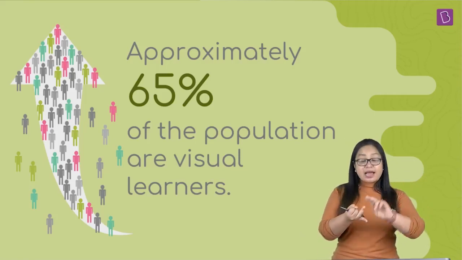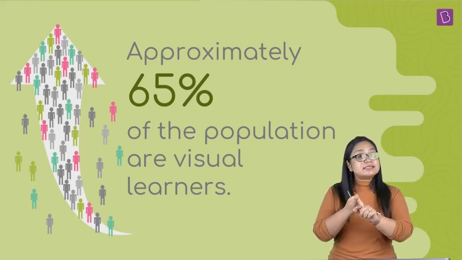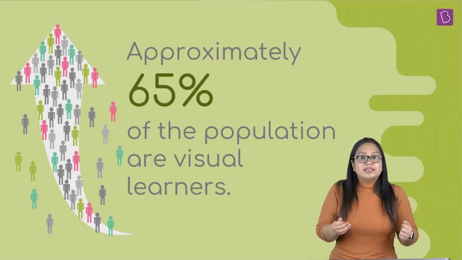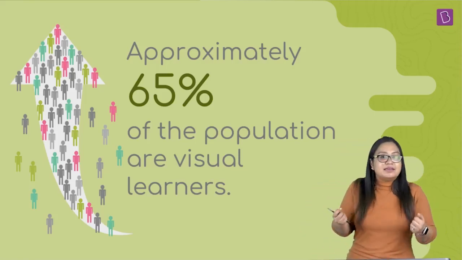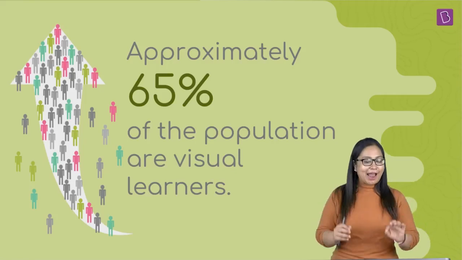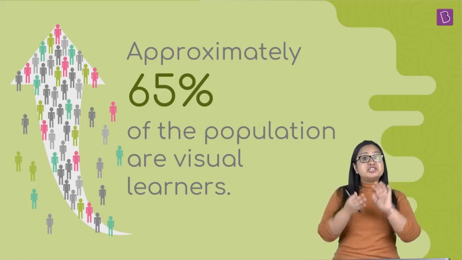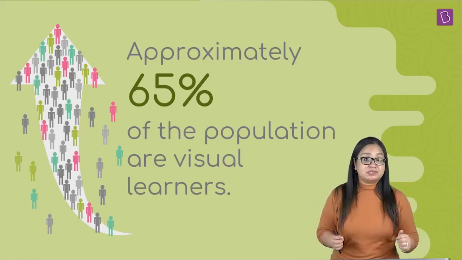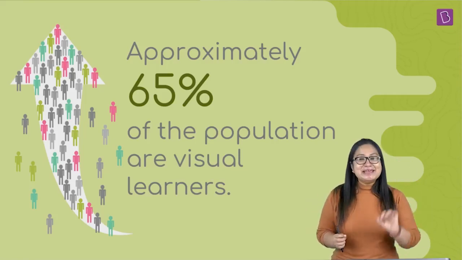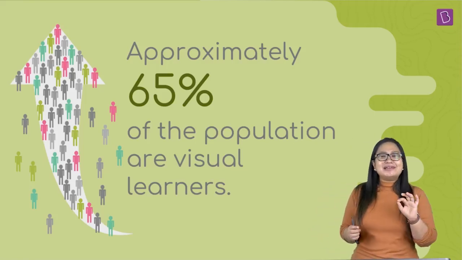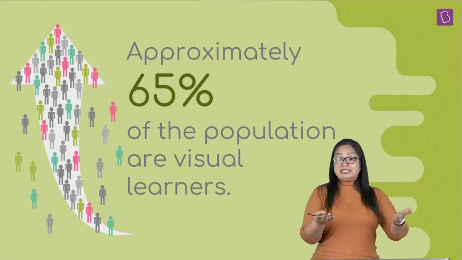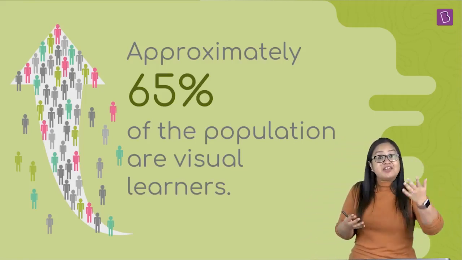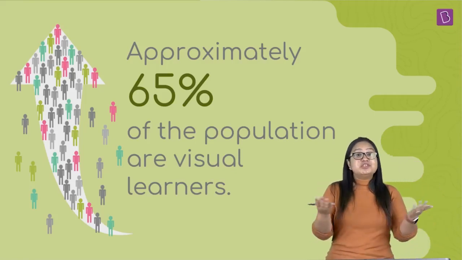Then there come kinesthetic learners, people who learn better when they're involved with activities and practical experiments and so on. And then we've got visual learners, people who learn better with pictures and graphs. And the amazing fact is that almost 60% or 65% of learners are visual learners, right?